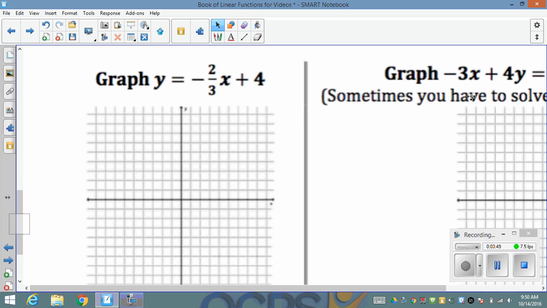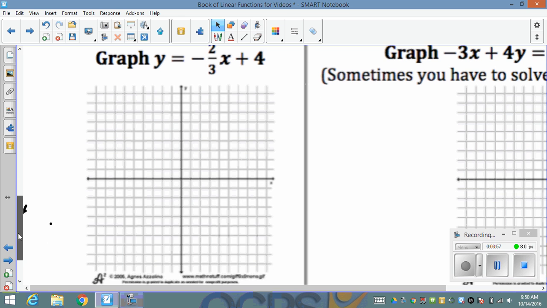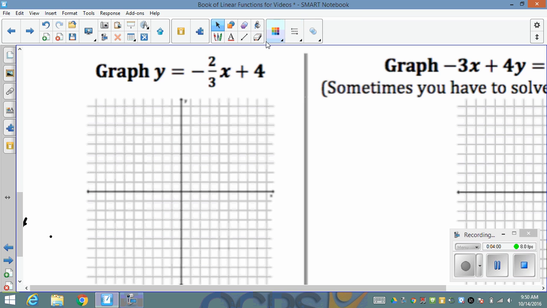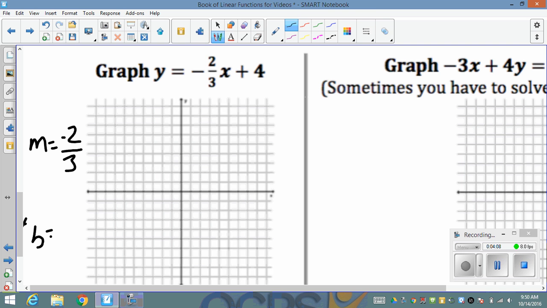Graphing y equals -2/3 x plus 4. Again, I'm going to start by identifying my slope and my y-intercept. So my slope is -2/3 and my y-intercept is 4.